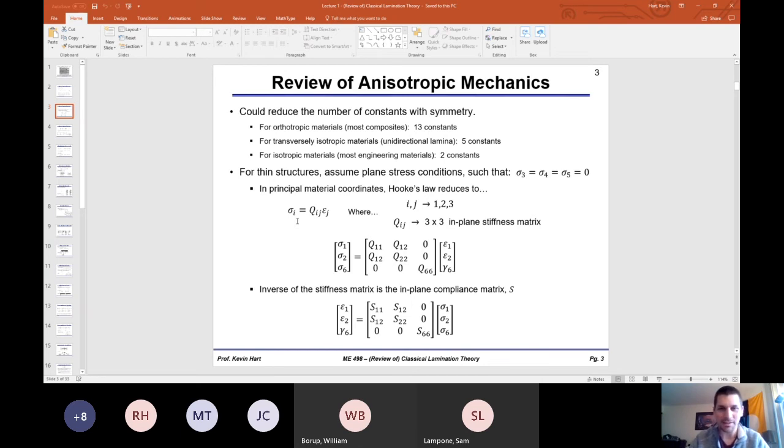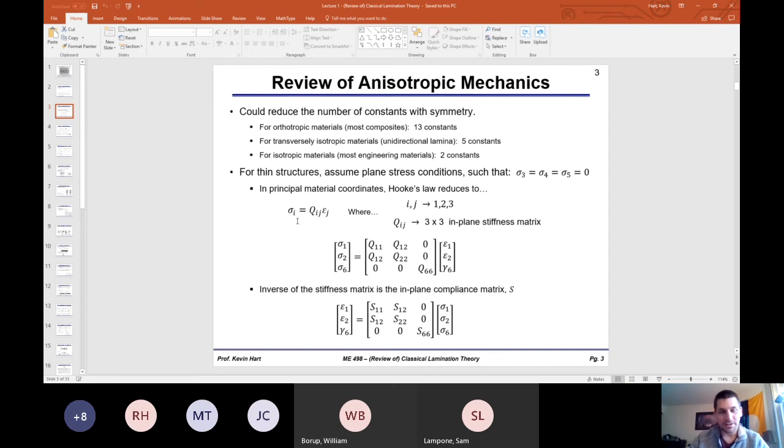And if materials are isotropic, meaning they have infinite planes of isotropy, then we have only 2 material constants, which is what you're traditionally familiar with in your ME3005 class: the modulus of elasticity, E, and Poisson's ratio.